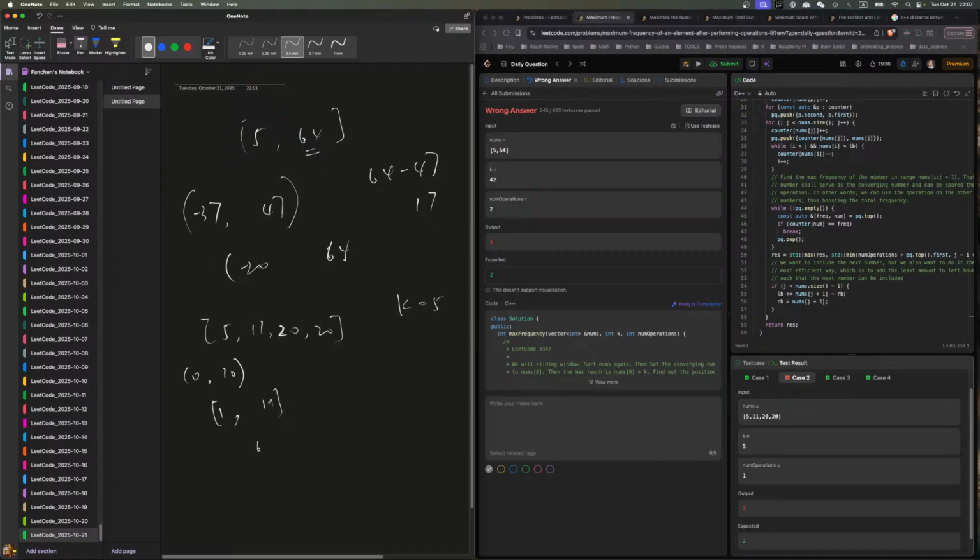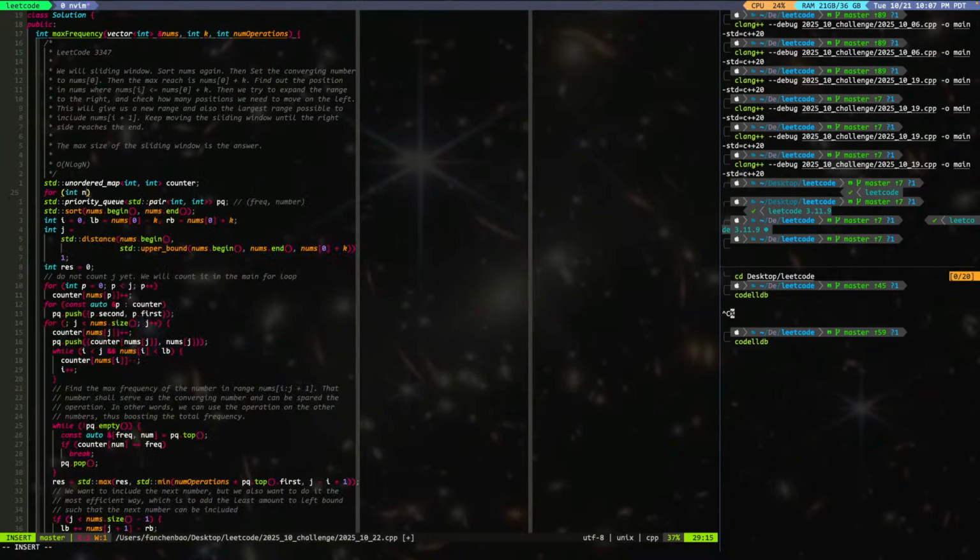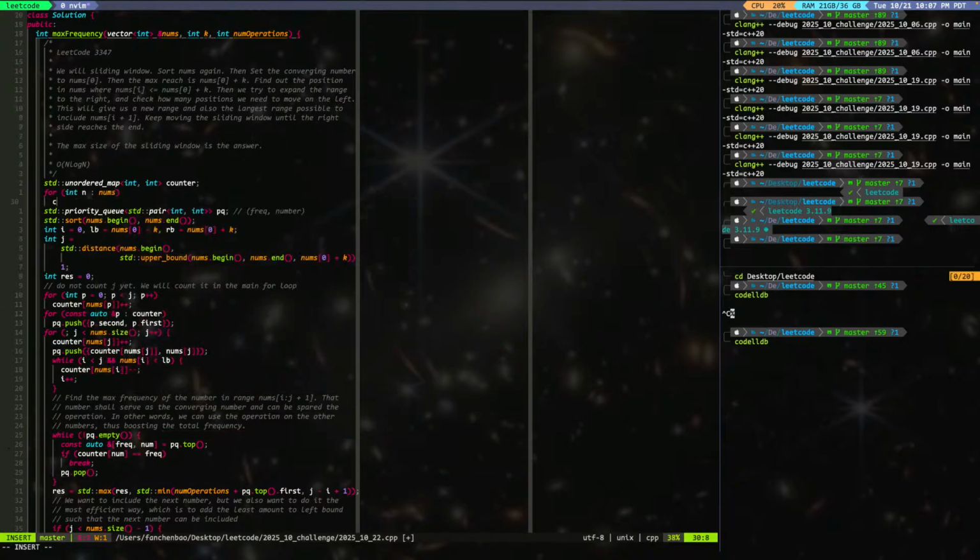Oh, I need to still find the convergent number, which is the difference. So I actually don't need to use this. I don't think I need to even use counter n plus plus. I still need to know the convergent number, right?